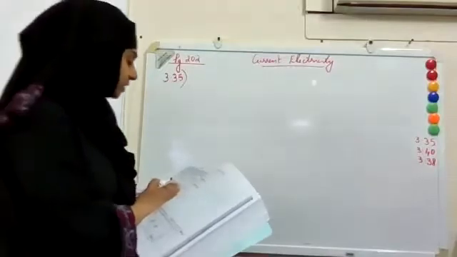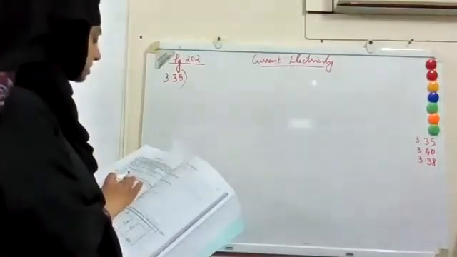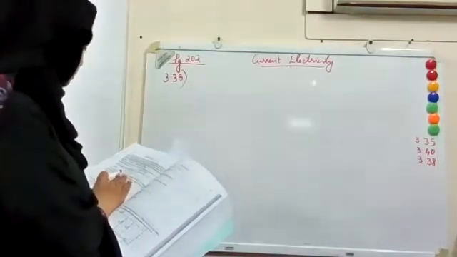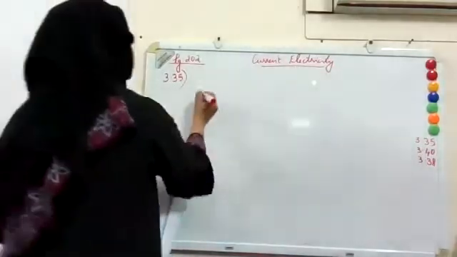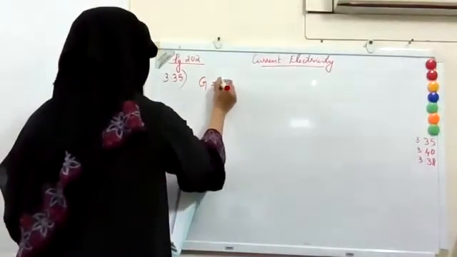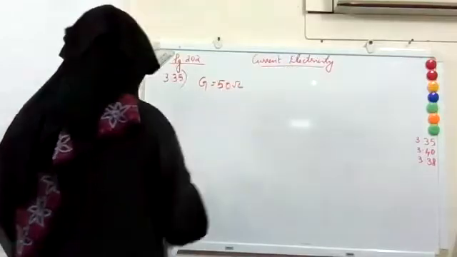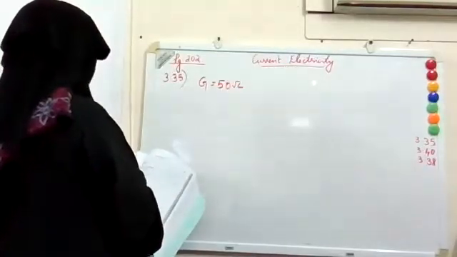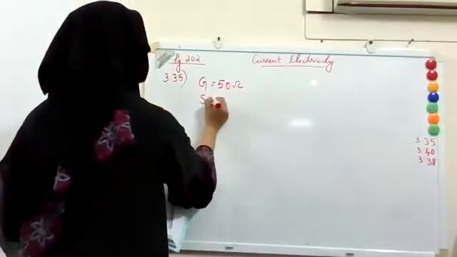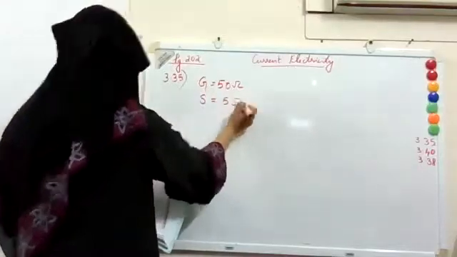So they have given the internal resistance of the galvanometer as 50 ohms, so we can take G is equal to 50 ohms. And a shunt of 5 ohms is used, so S is equal to 5 ohms.